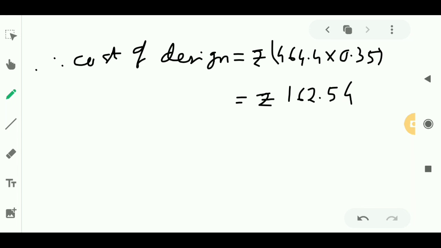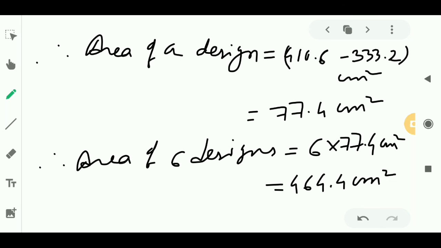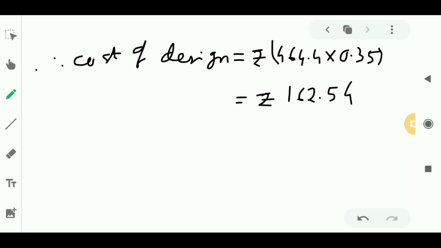A point difference may come because I am not taking the extra 6, so it could be 162.68, and I am getting 54. That is okay, because we are getting 410.66, and that one can be taken as 410.7, then the answer will be different. So a point difference like this can be there.